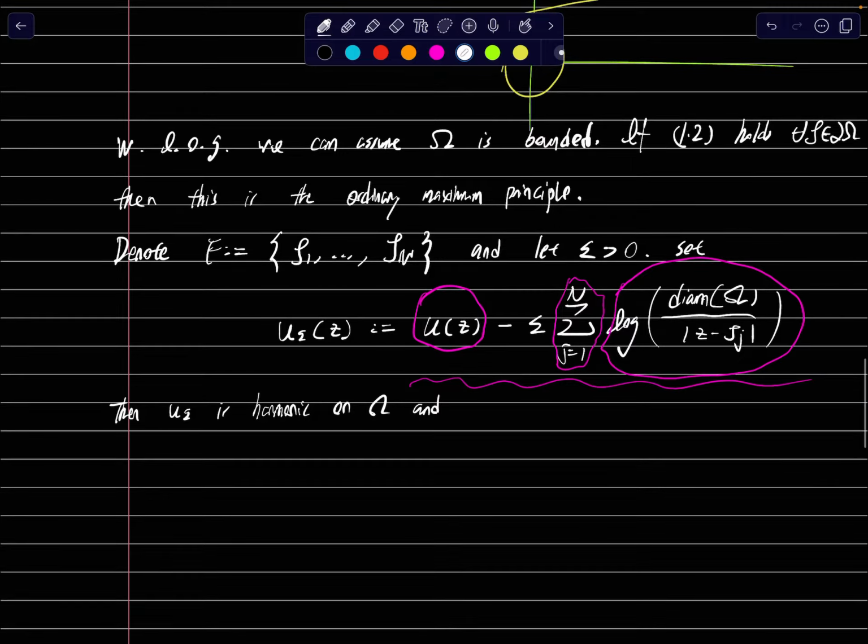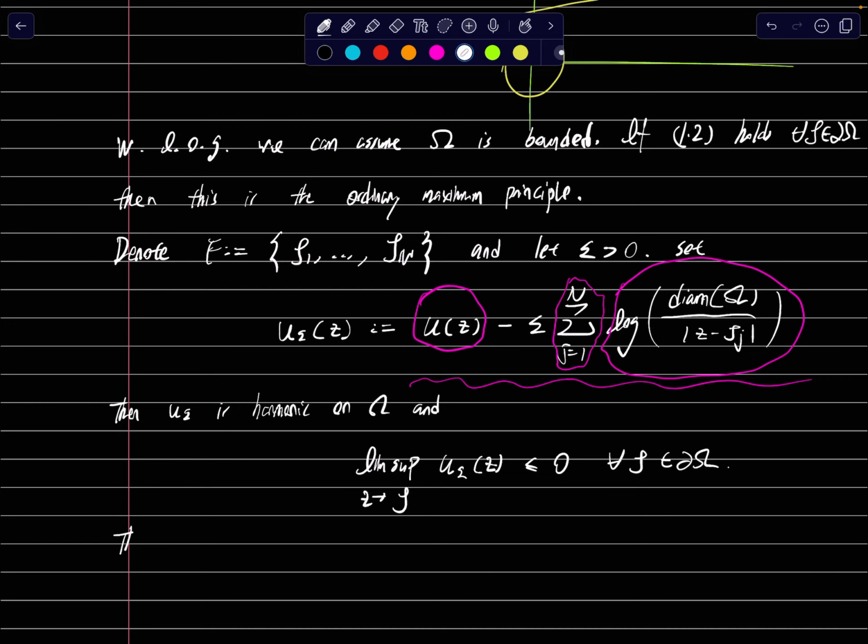And by our assumption, we have the lim sup as z goes to zeta of u epsilon of z is smaller or equal to 0 for each zeta in the boundary.